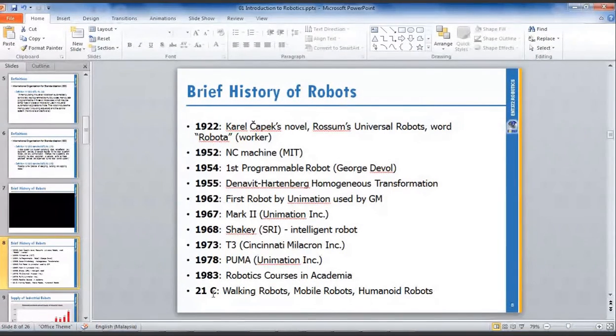Now you are in the 20th century, and we are a combination of mechanical, electronic, computer programming, and AI in robotics. This came out of the mechatronic course lah, a combination of all those topics.